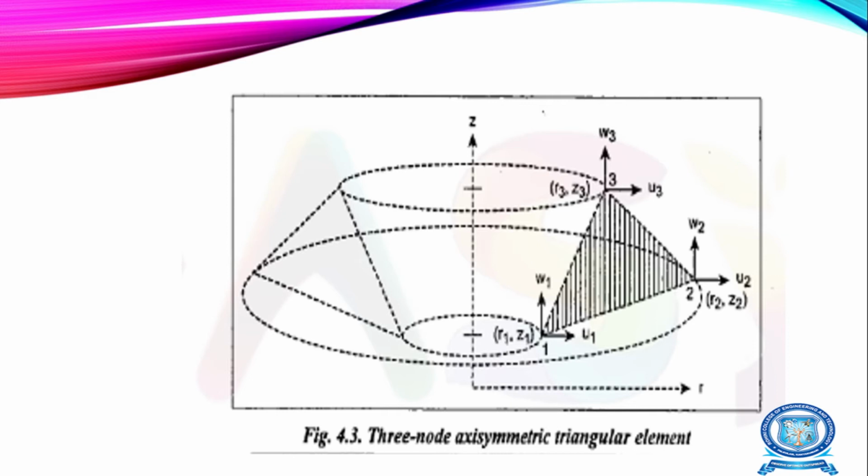Now this is the diagram for the three-noded axisymmetric triangular element. When we take an axisymmetric element, we discretize the structure into a convenient number of parts. As per the convenient discretization, we are taking the three-noded axisymmetric element.